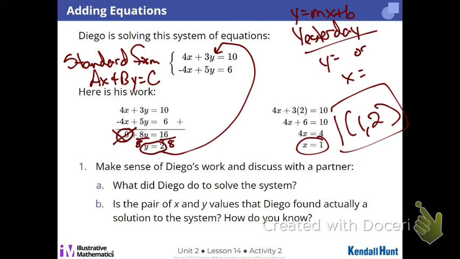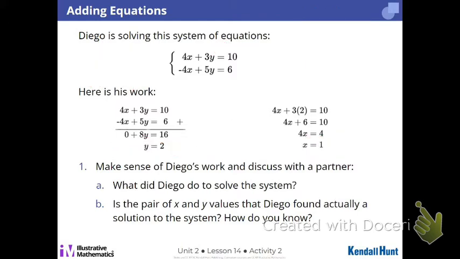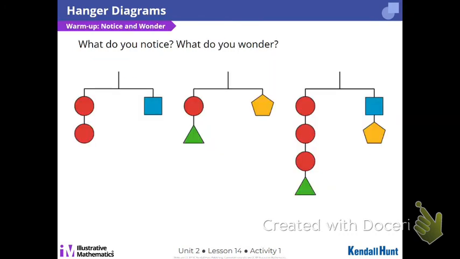Good job, Diego. So, Diego added the two things together, and it worked. Where else did we see adding two things together to get a new true thing? Today. Where else did we see that today? The hanger diagram.